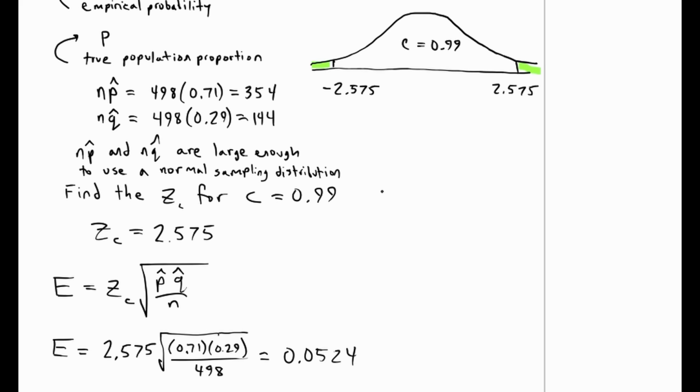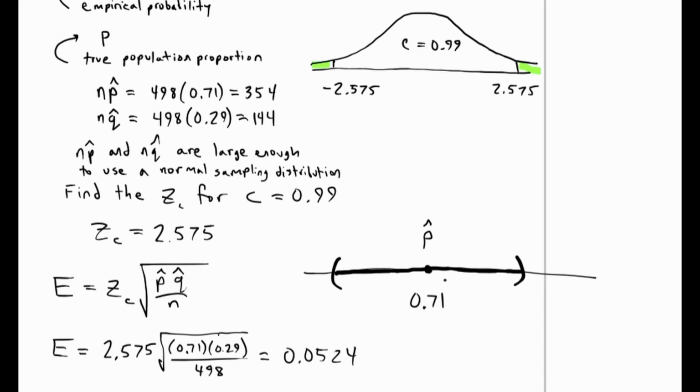And now we're ready to construct the confidence interval. Alright, so the center of our confidence interval this time is going to be P hat, so that is the 0.71.